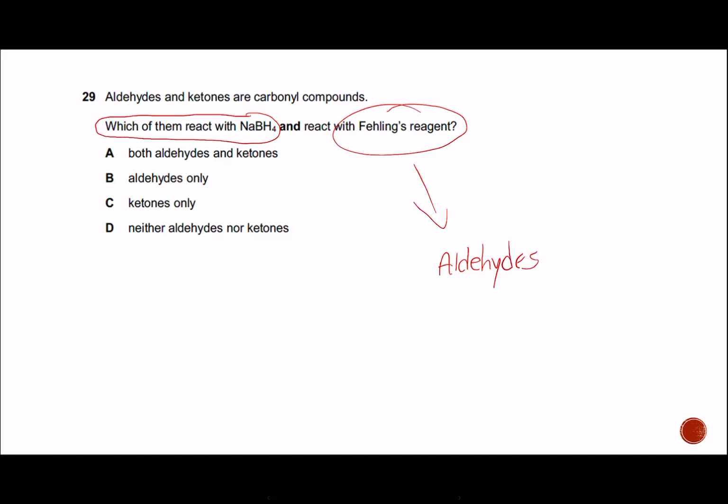So it goes back to aldehyde versus ketone. Because most of these reagents, if you'll notice, only react with aldehydes and not the ketones. But both of them would react with NaBH4. So which of them will react with NaBH4 and react with Fehling's? That would be aldehydes only.